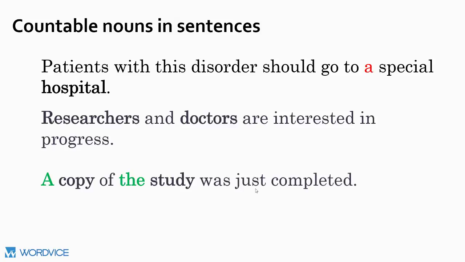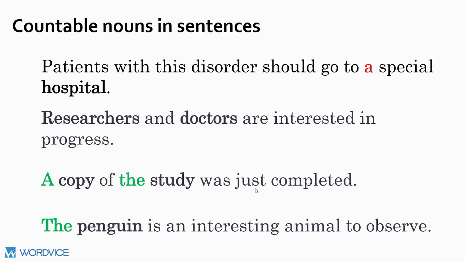Here we use an indefinite article with copy because it does not matter which copy specifically we're referencing. And we use the definite article the with study because there is only one study in question. The penguin is an interesting animal to observe. Remember, we use the definite article the with countable nouns when we want to reference all items in that group.